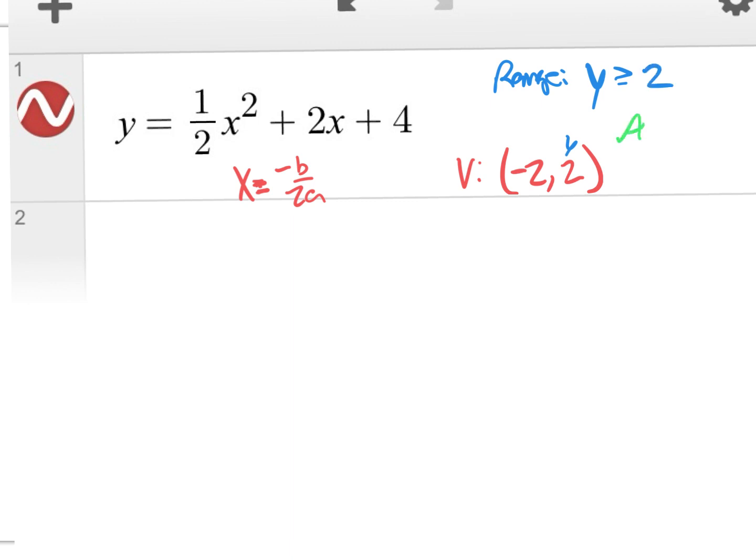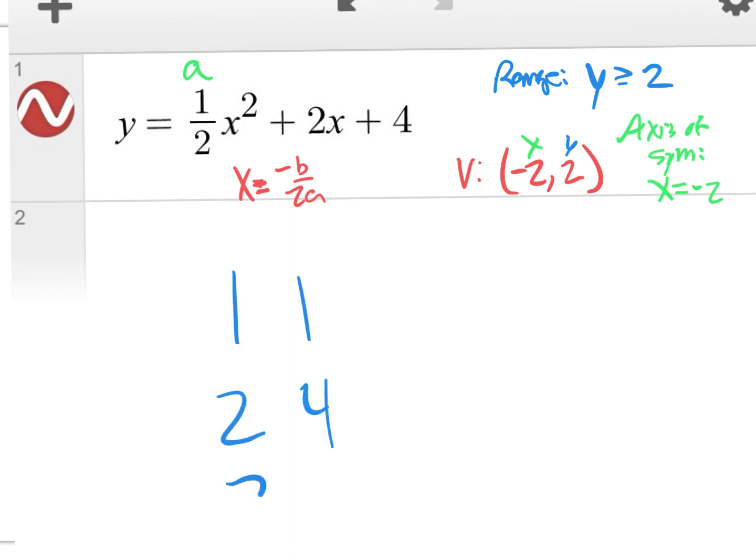The axis of symmetry will be x equals the x value of your vertex, -2. The domain is going to be x equals all real numbers, but we want to be able to modify the pattern according to this new a value of 1/2. So the original pattern from the vertex was 1, 1, 2, 4, 3, 9. However, we need to multiply the outputs by the new a value of 1/2.